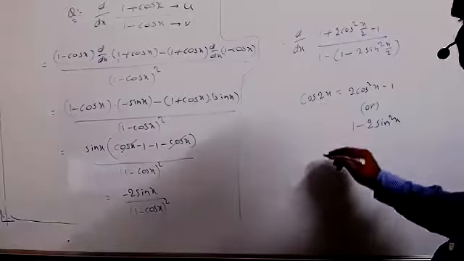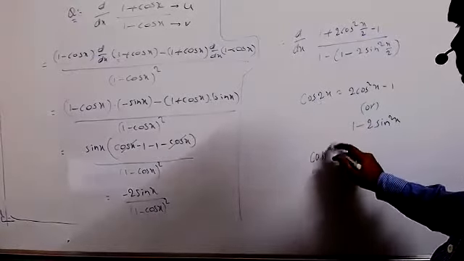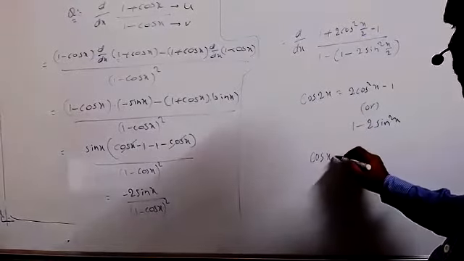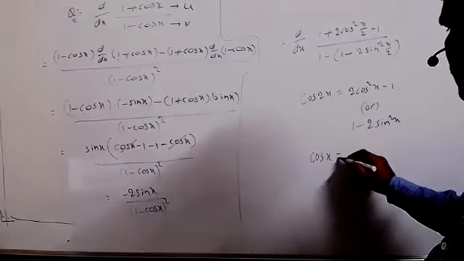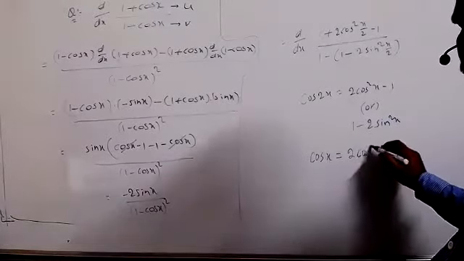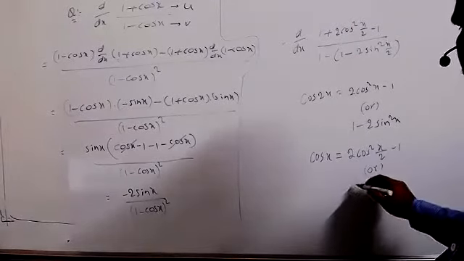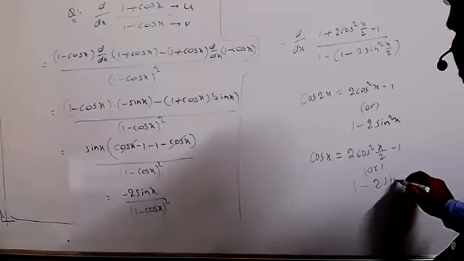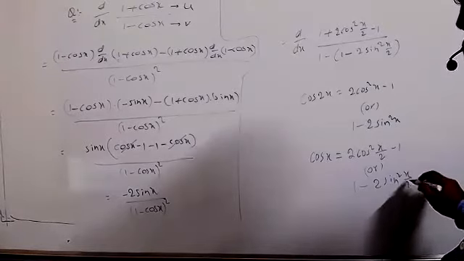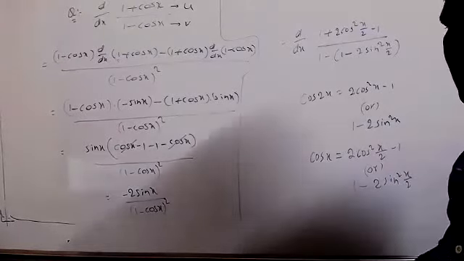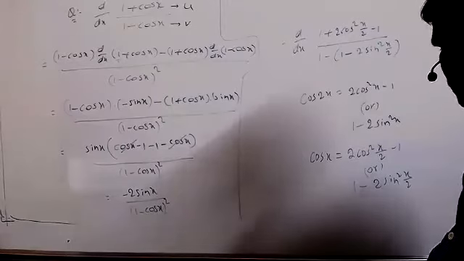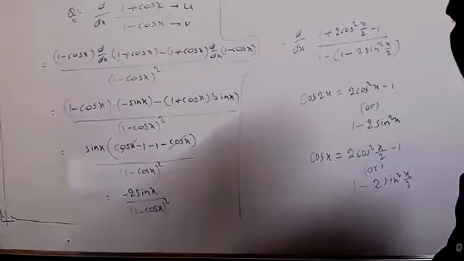Then the 2 will get cancelled. Then cos x equal to 2 cos square x by 2 minus 1, or else 1 minus 2 sin square x by 2. These formulas we know very well.